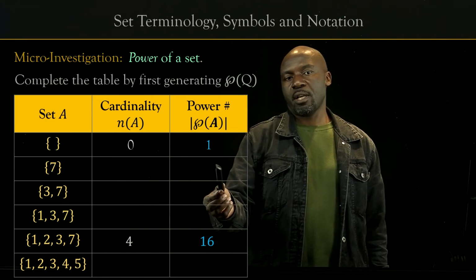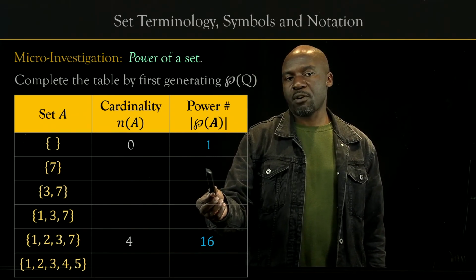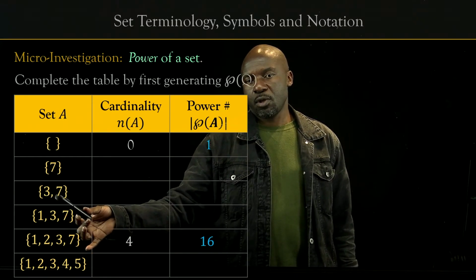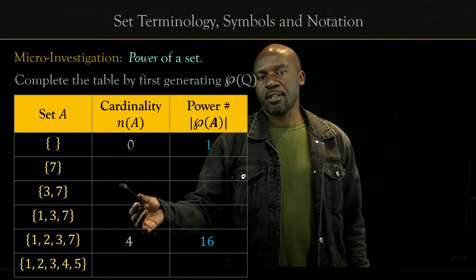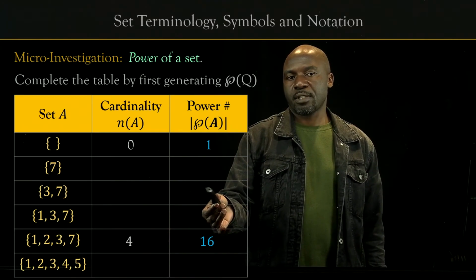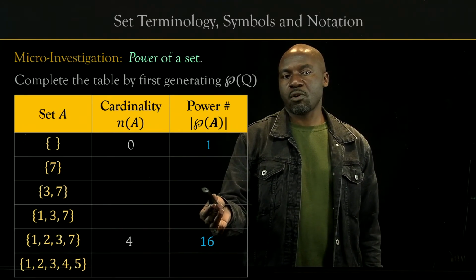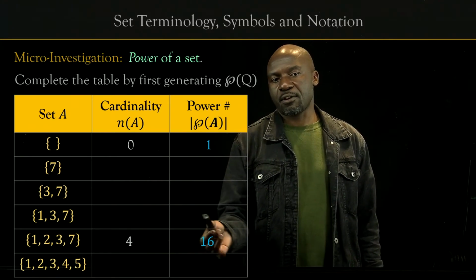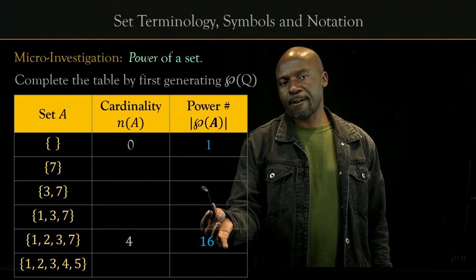But what would be the number of subsets? Okay, the next one has got 2 elements, so obviously this is going to be a 2. But what is going to be the number of subsets we can generate from here? So you will need to first of all generate the subsets and then write the number that they are here.